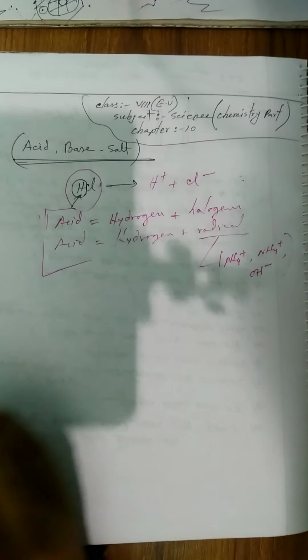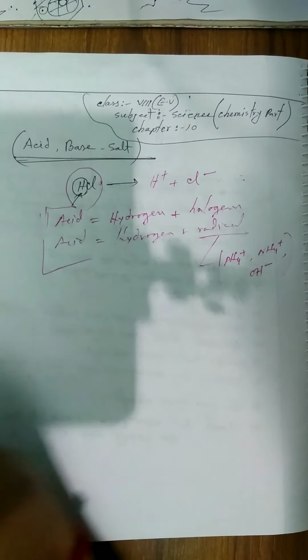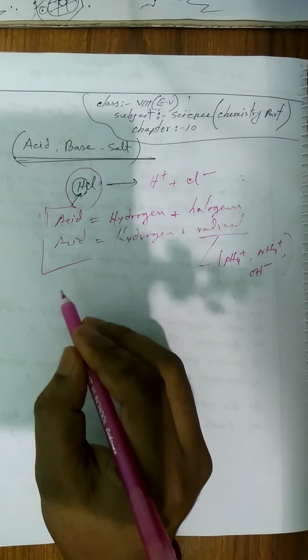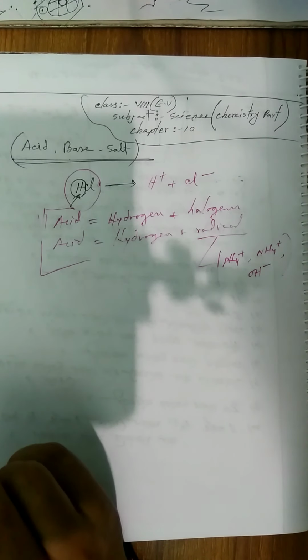Next we discussed base. Metallic oxide or hydroxide is called base.